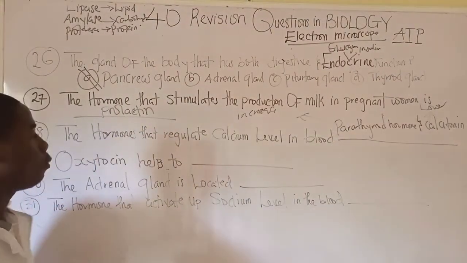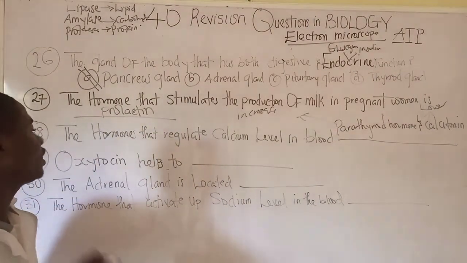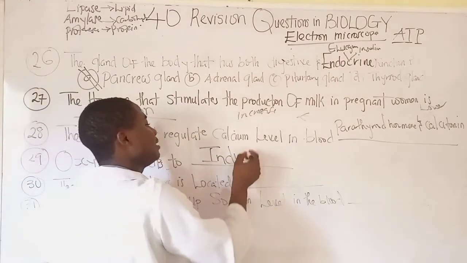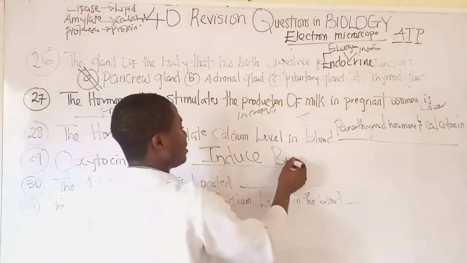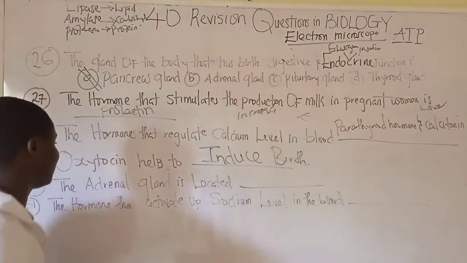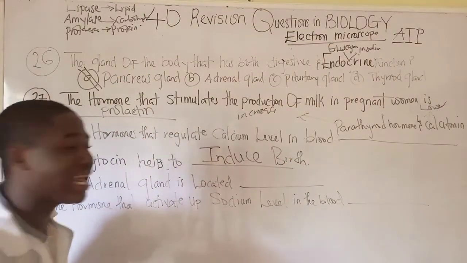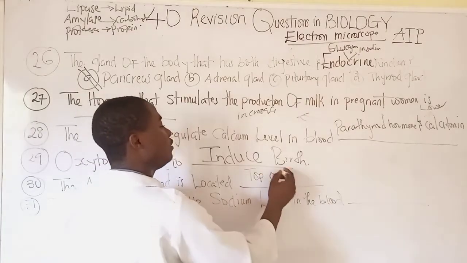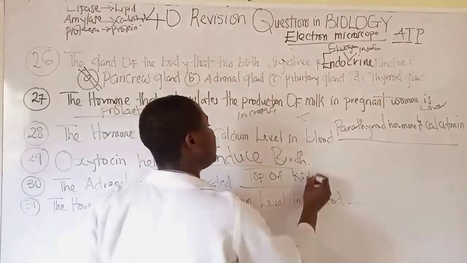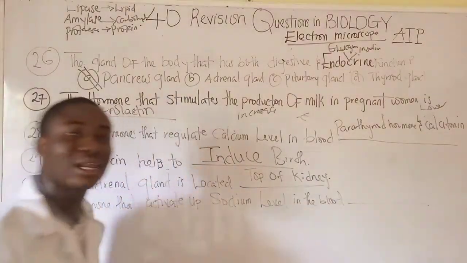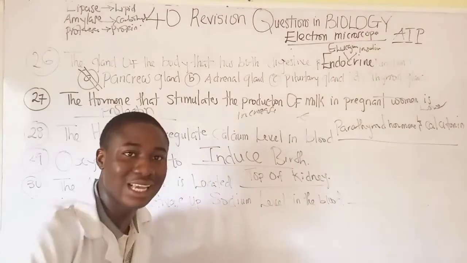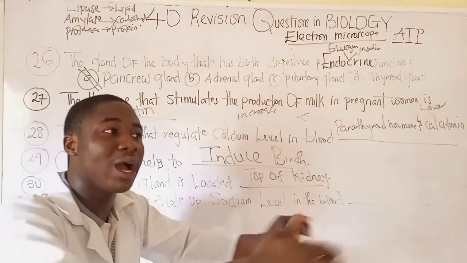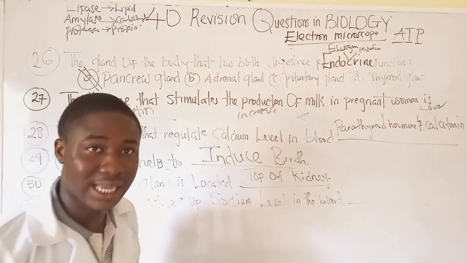Now, the next hormone, for question 29, says oxytocin helps to induce birth, okay, to make birth easy. Now question 30 says the adrenal gland is located at the top of the kidney. It must be noted that the kidney is an organ, and the largest internal organ of the body is called the liver, but the largest external organ of the body is called the skin.